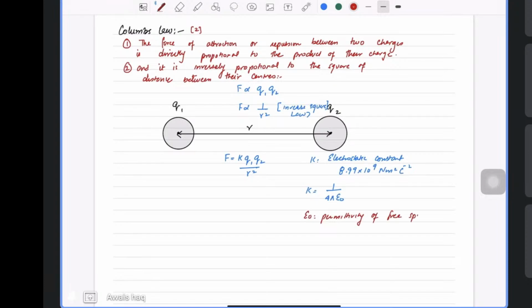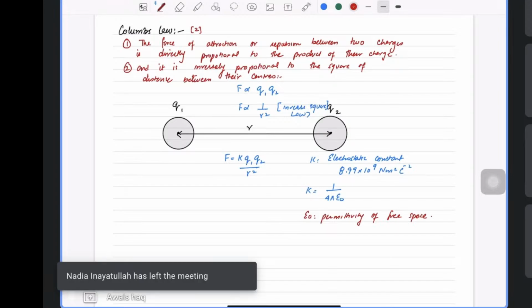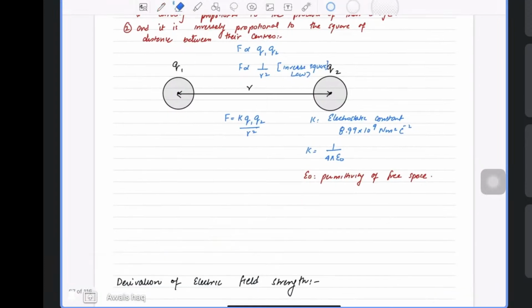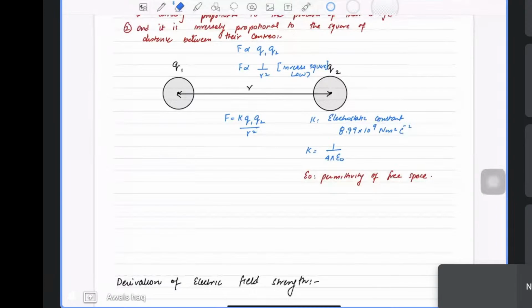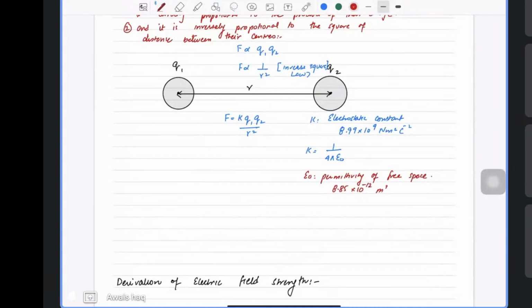It basically means if we create an electric field in vacuum, how permissible the vacuum is to let the charges create the electric field. You don't need to go into other details. It just has a value of 8.85 times 10 raised to power minus 12, with units meter cube minus 3 kg minus 1 second 4 ampere 2, so you don't need to remember the units as well.